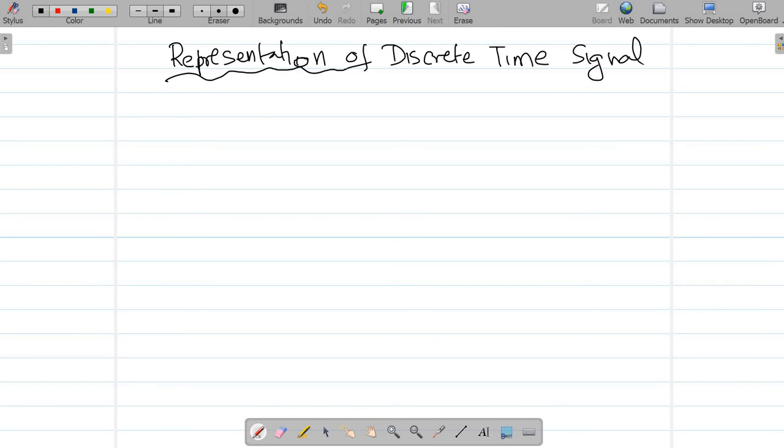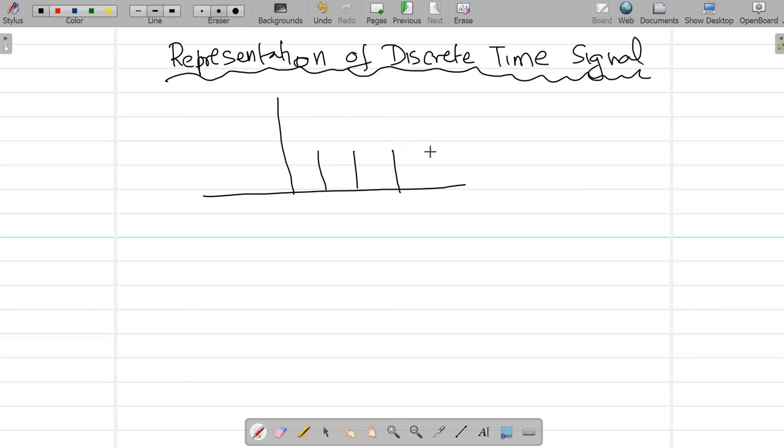So we know that a discrete time signal is something like this. At discrete intervals of time there are samples. Maybe we can extend this. So let us call this 1 and this 2, and this is the index number.